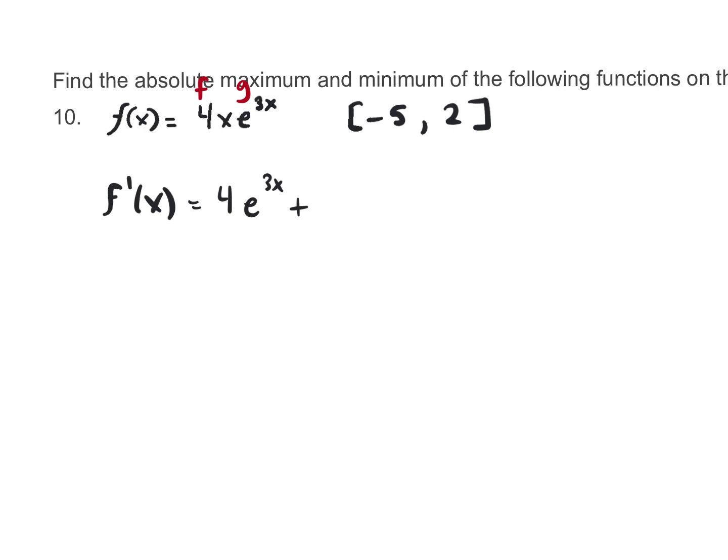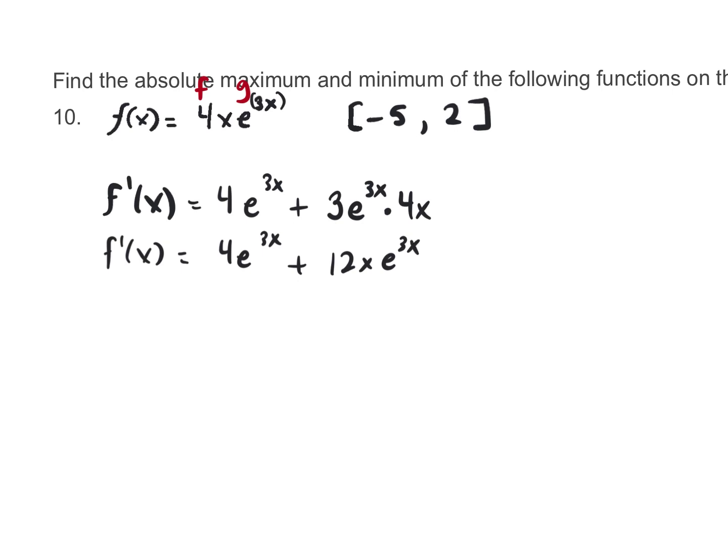So if my inside is 3x, the derivative of that is 3 times e to the 3x times g, which is 4x. That could be a little tricky to remember because there is an inside to this exponential function. So f prime of x is going to simplify to 4 e to the 3x plus 12x e to the 3x. So there's our derivative.